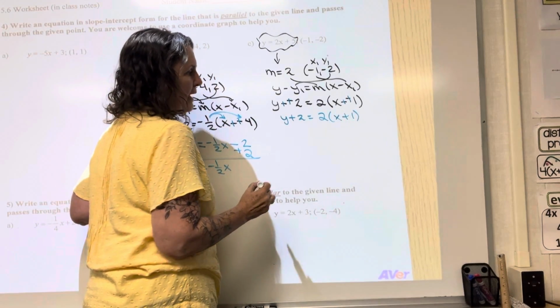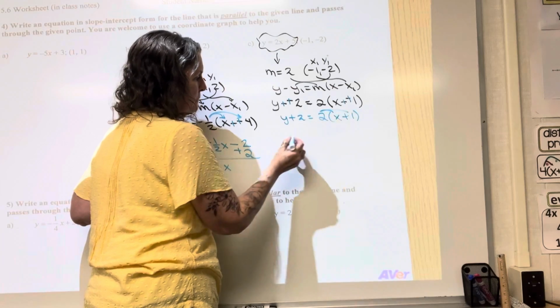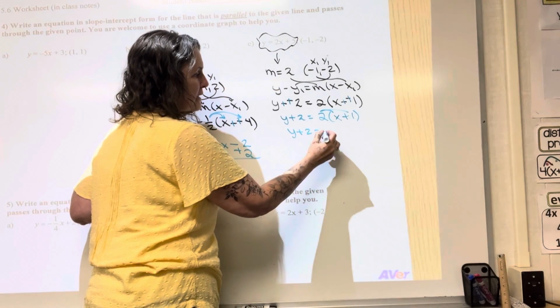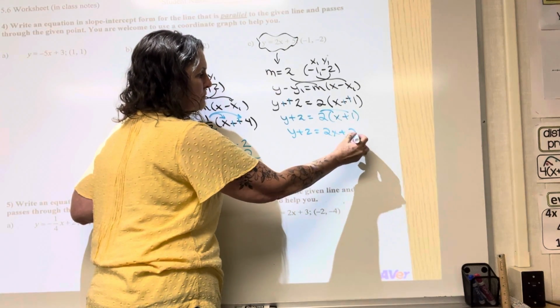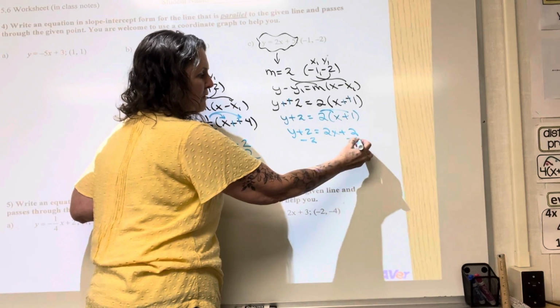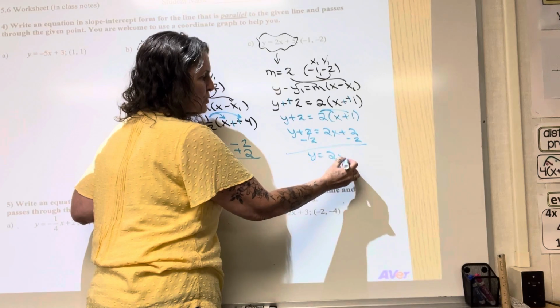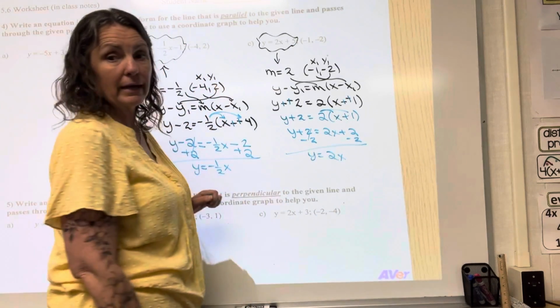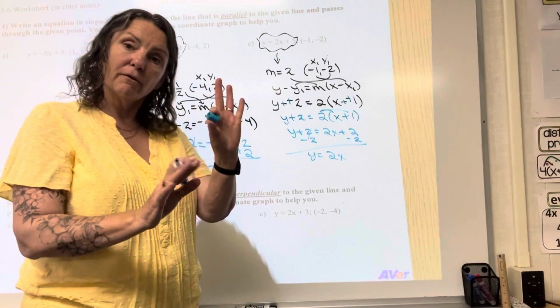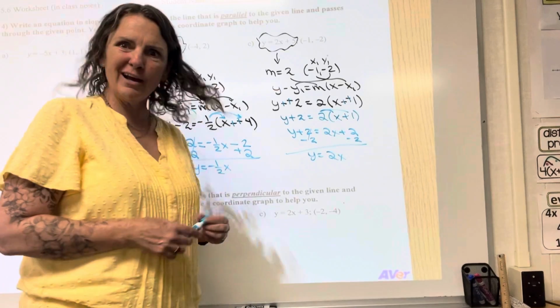So let's go ahead and distribute. Blink, blink. We have y plus 2 is 2x plus 2. We got to move this sucker over because we need to isolate the variable of y. We have 2x, plus 0 again. Now you're welcome to write plus 0, but you don't have to, it's up to you. Good job, you did it.